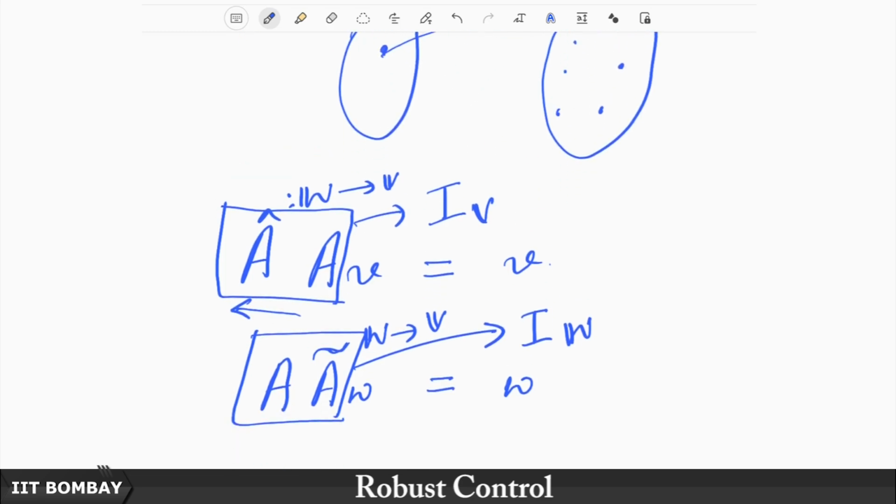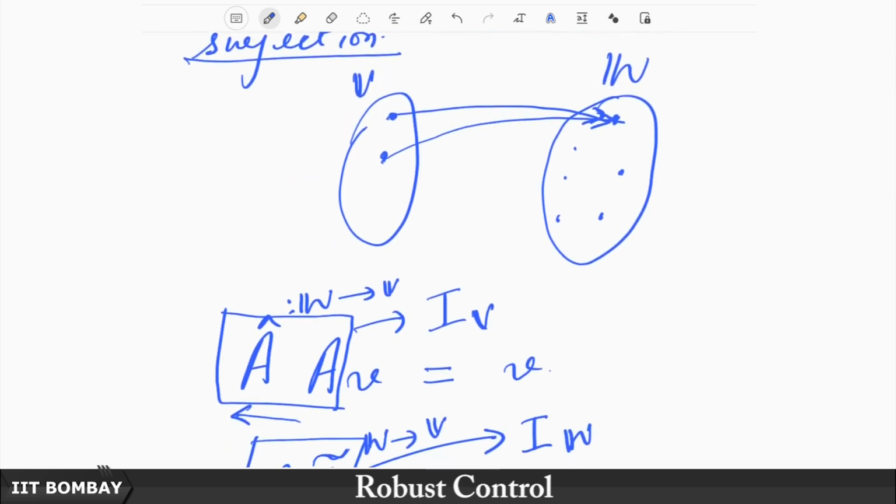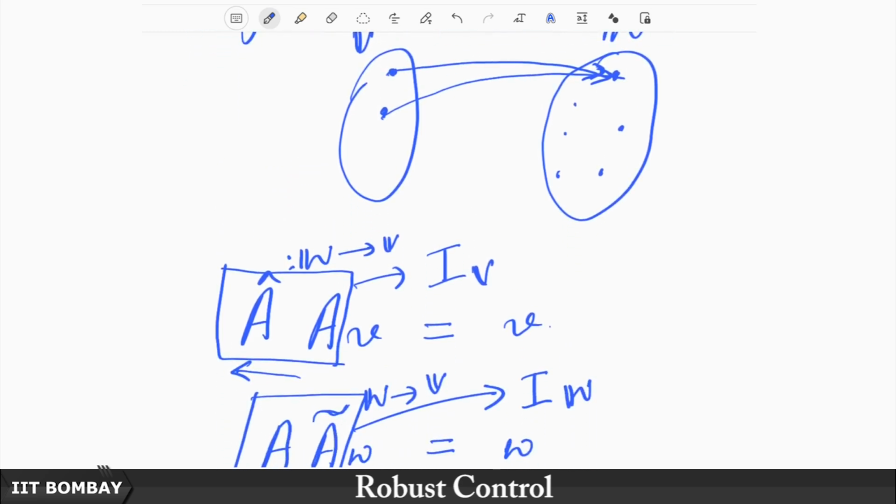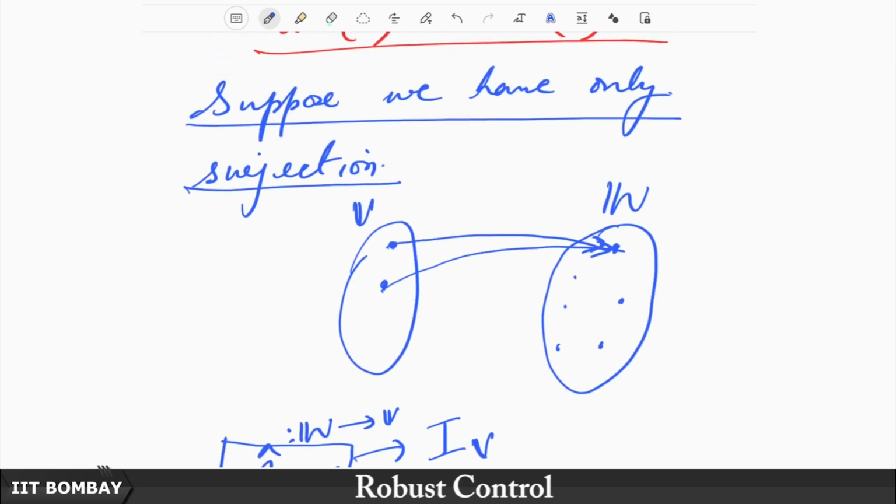So which of these is associated with injection, and which with surjection? That is the important question. I will not get into the rigorous theory, but I will try to give you some intuition and insight into which of these works. Now, suppose the map is a surjection, let us circle this.